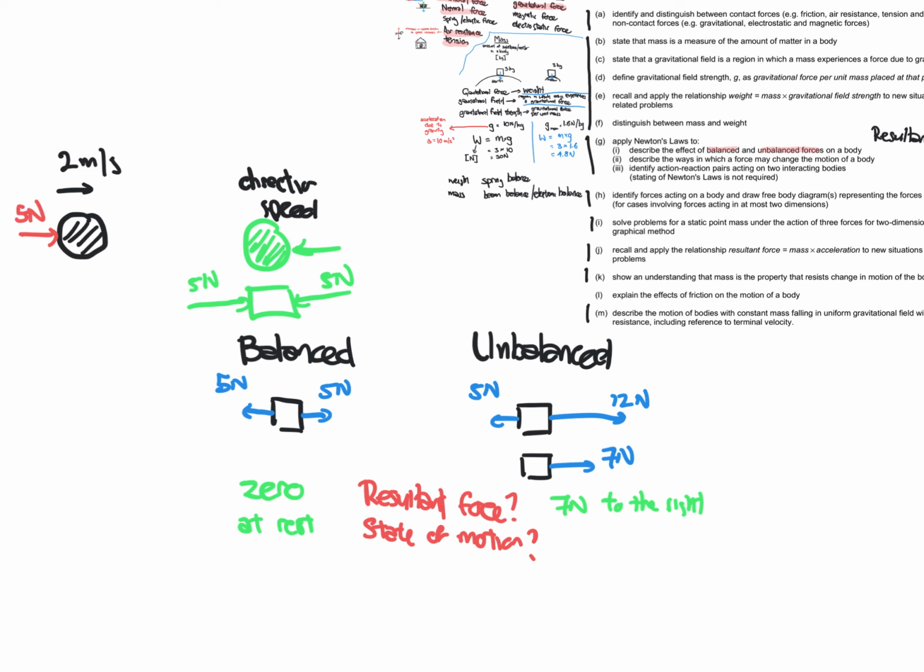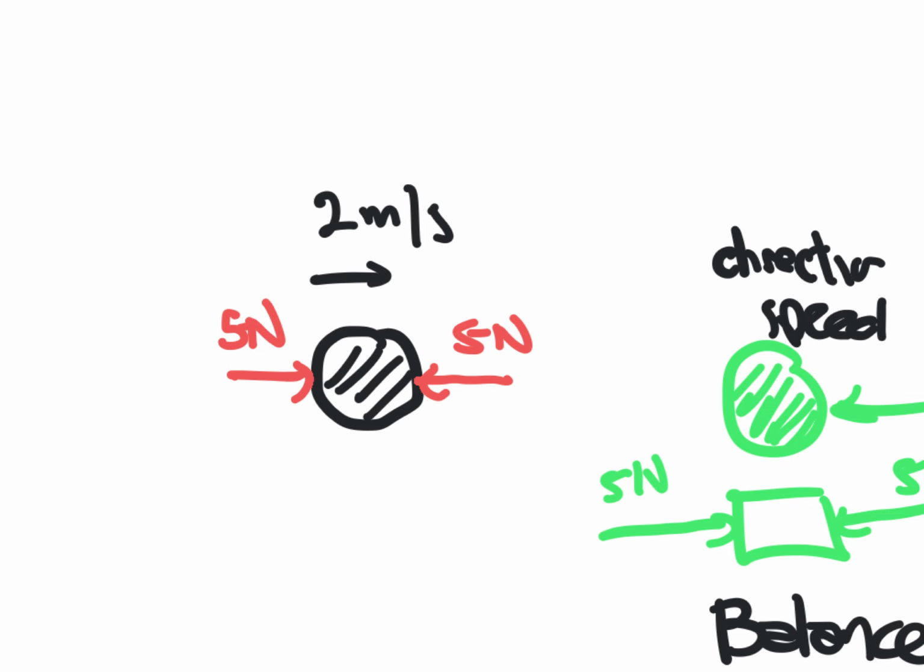But at the same time, I also use another air blower and blow also 5 newtons here, correct? Now, the question is this, so let's focus here. This is already moving at constant speed, right? And I apply these two forces over here. Is there a resultant force between these two 5 newton forces?